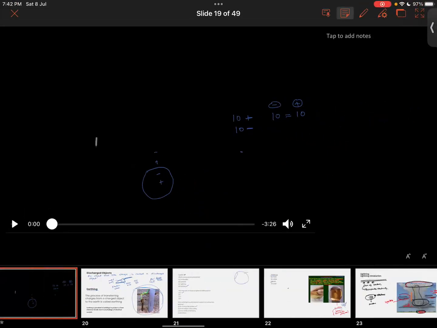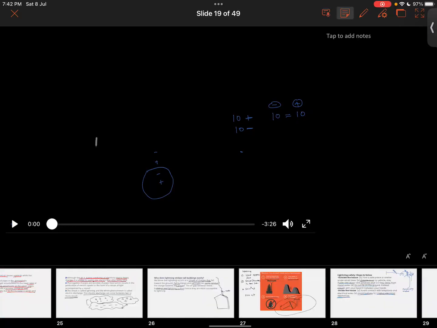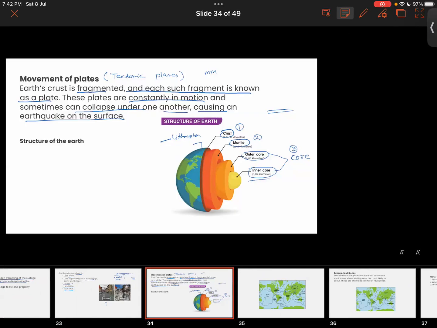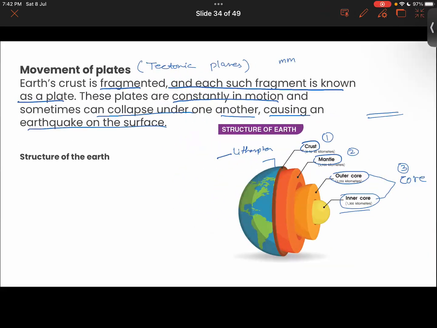Okay, then we also talked about earthquakes, right? So we were basically talking about earthquakes. We basically saw that the whole earth is divided into tectonic plates, and when these tectonic plates collide with each other, that leads to earthquakes.